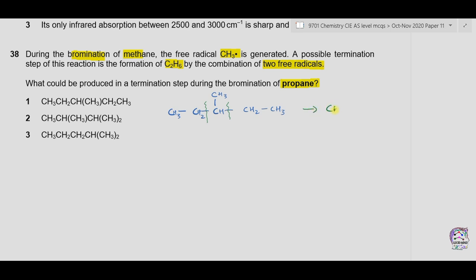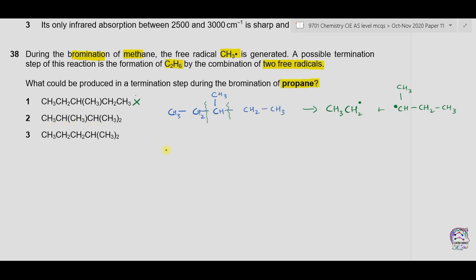So we have CH3, CH2 radical along with CH3, CH2, CH3 radical. As both radicals are unequal, so therefore 1 is incorrect.